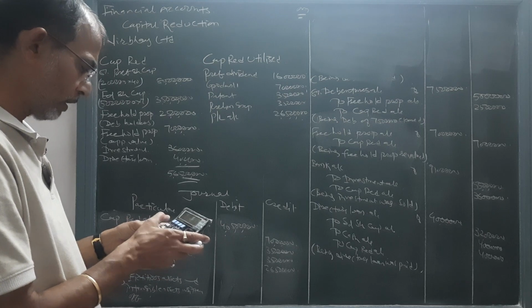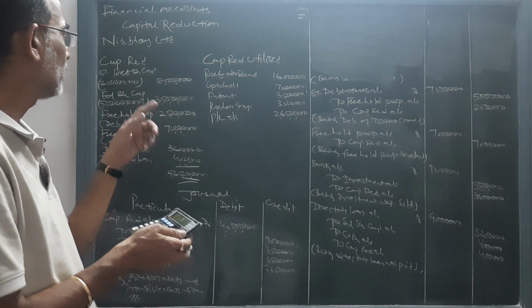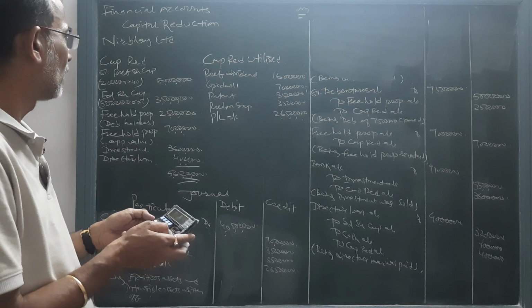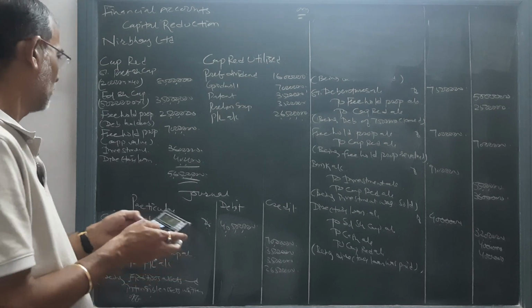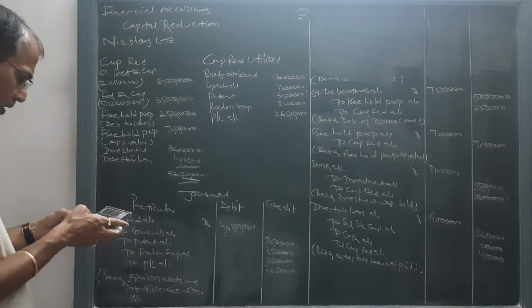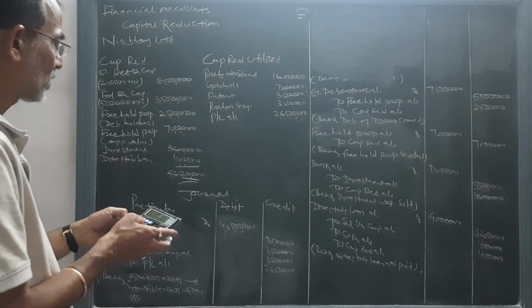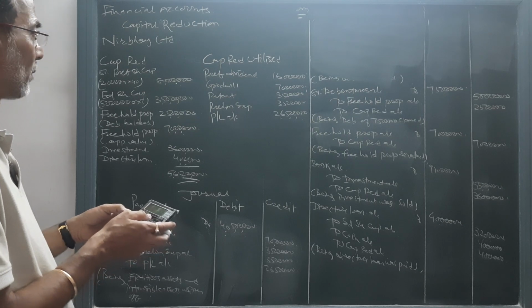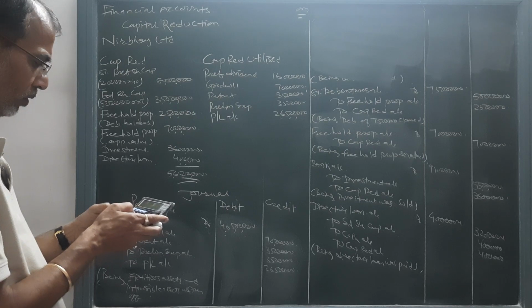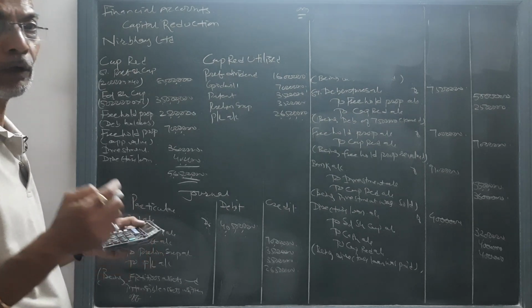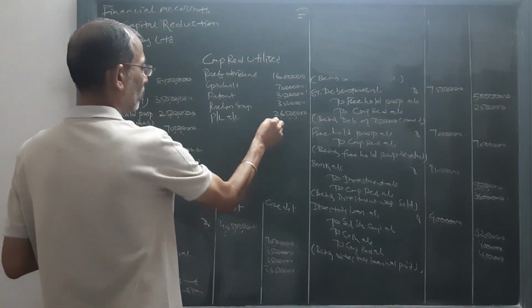Now 5 crore 65 lakh minus 4 crore 5 lakh and 16 lakh. So 1 crore 44 lakh is to be written off.